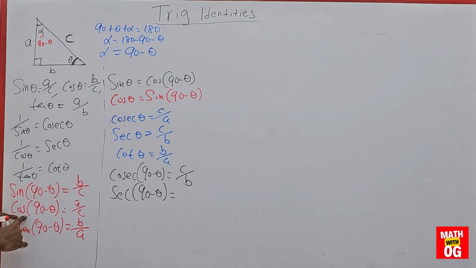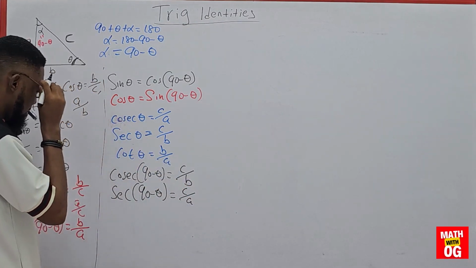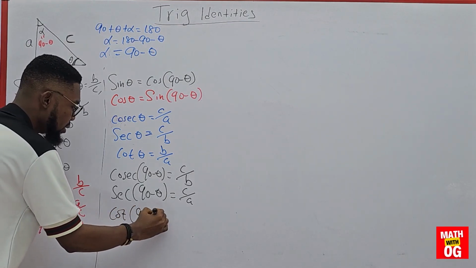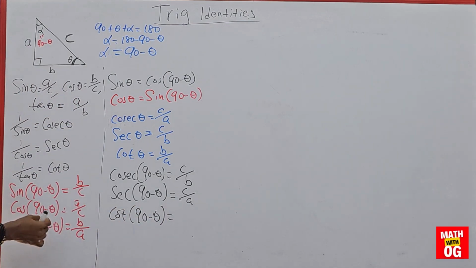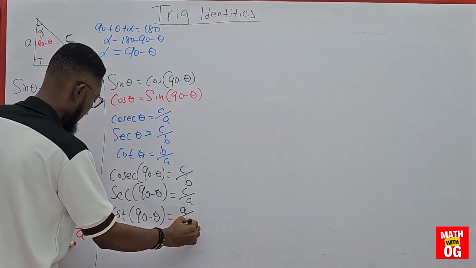In this case, that is 1 over cos 90 minus theta, which is C over A. And lastly, you have your cot 90 minus theta. In this case, tan 90 minus theta is B over A, so that should give me A over B.